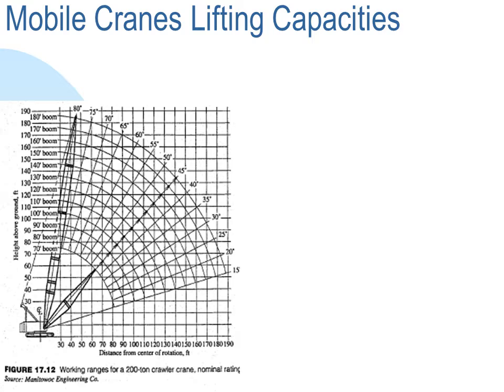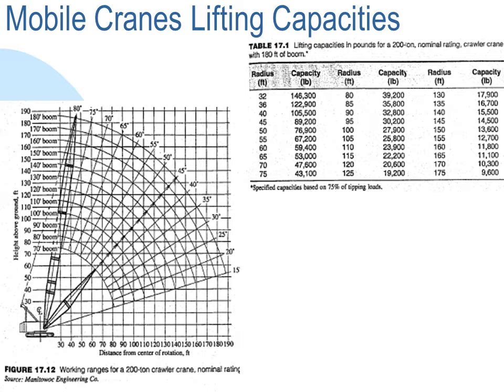So, for example, if you have 100 feet horizontal distance at which the load is located, and it will move up to maybe a height of 90 feet, that will mean that you will need maybe a 120 feet boom. A 120 feet boom will be barely enough in order to carry this load.